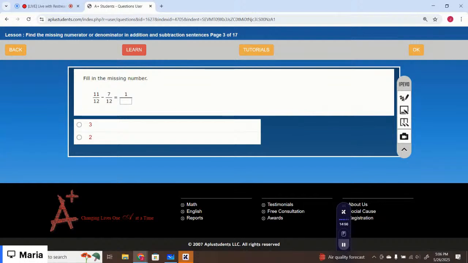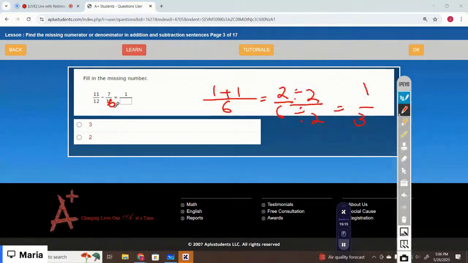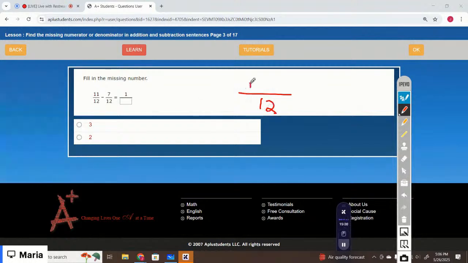11 over 12 minus 7 over 12 equals 1 over the missing number. So which number is missing? Let's solve this. I have the common denominator, so we simply subtract the numerators. 11 minus 7 is 4, so 4 over 12.